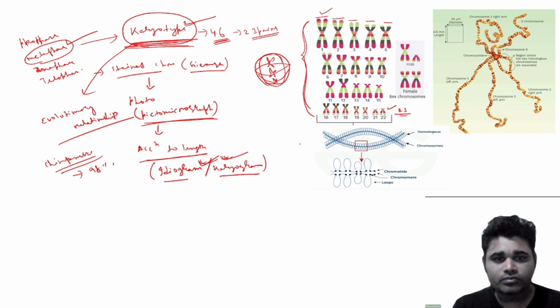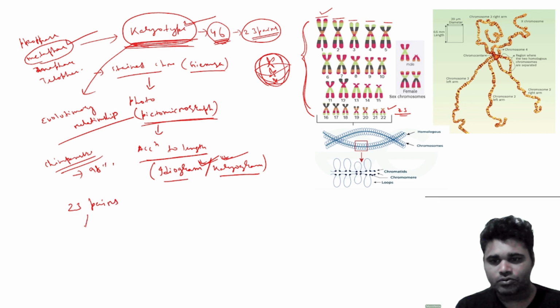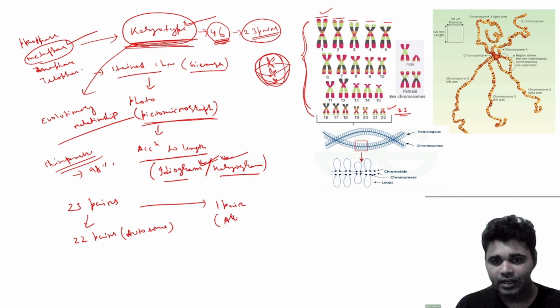So the human being has 46 chromosomes, or 23 pairs of chromosomes. Out of the 23 pairs, 22 pairs are called the autosomes, and the rest one pair is called the allosome, or you can say the sex chromosome.